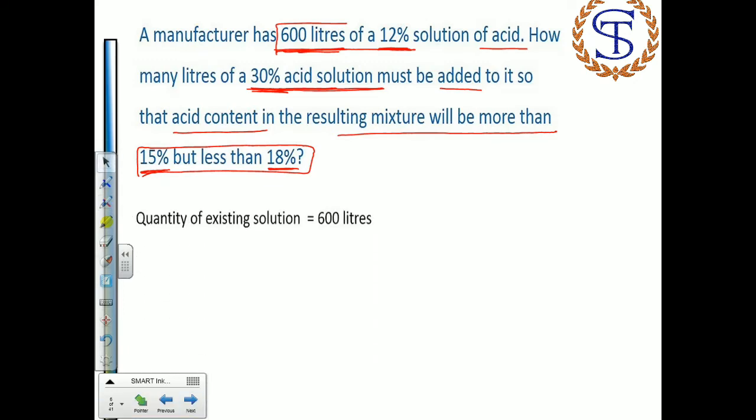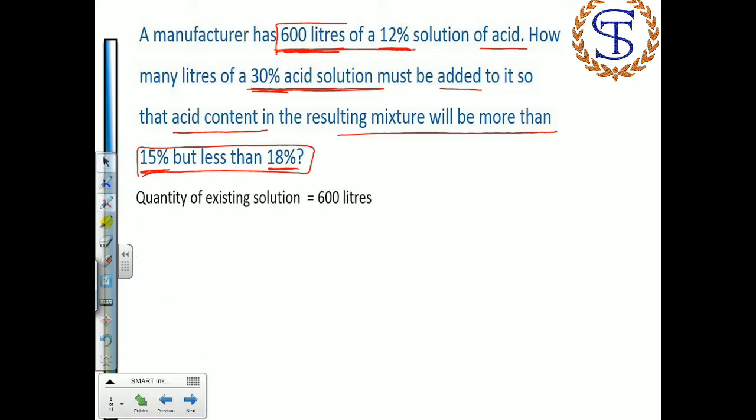Again, by using the same concept, let's see the quantity of existing solution. What is the existing solution quantity? That is 600, it is given to us. We have 600 liters of 12% acid solution. Now we want to add x liters of 30%. Actually, we do not have the exact quantity of 30% acid solution. This question wants to know how much 30% acid solution we need to add to 600.